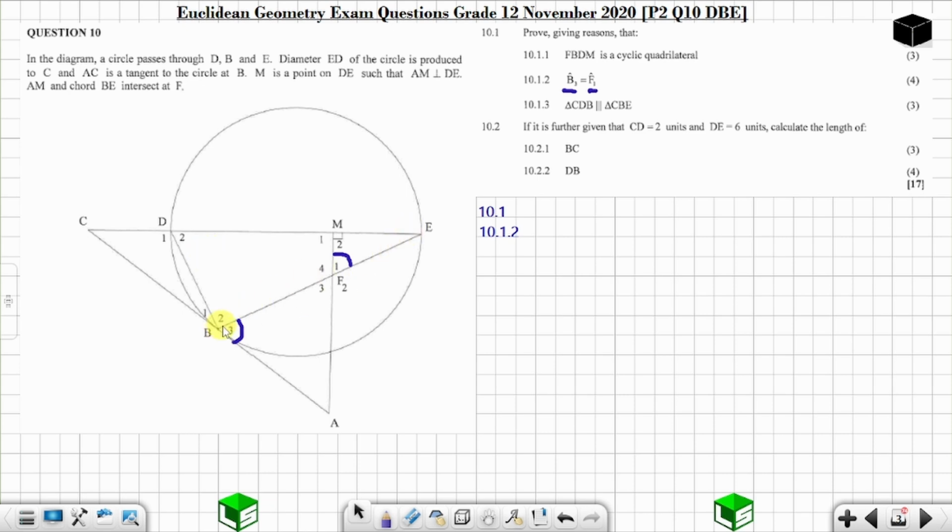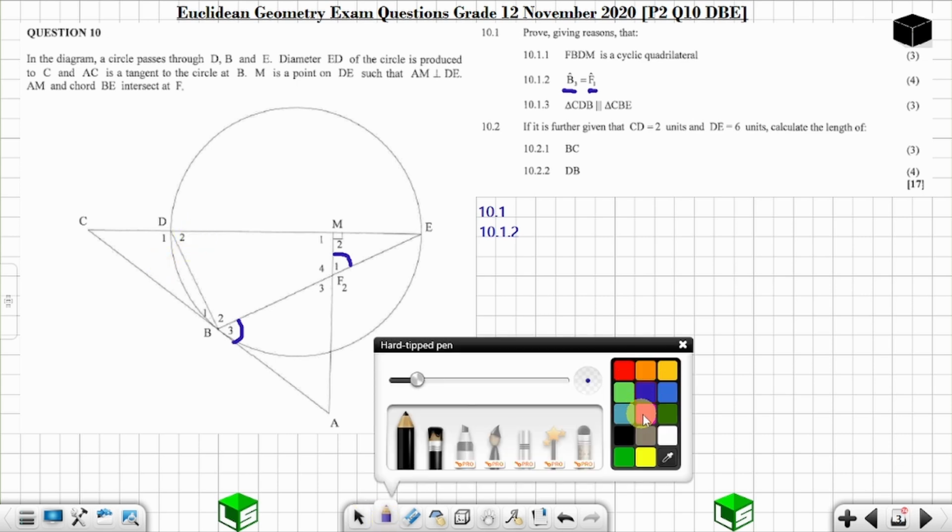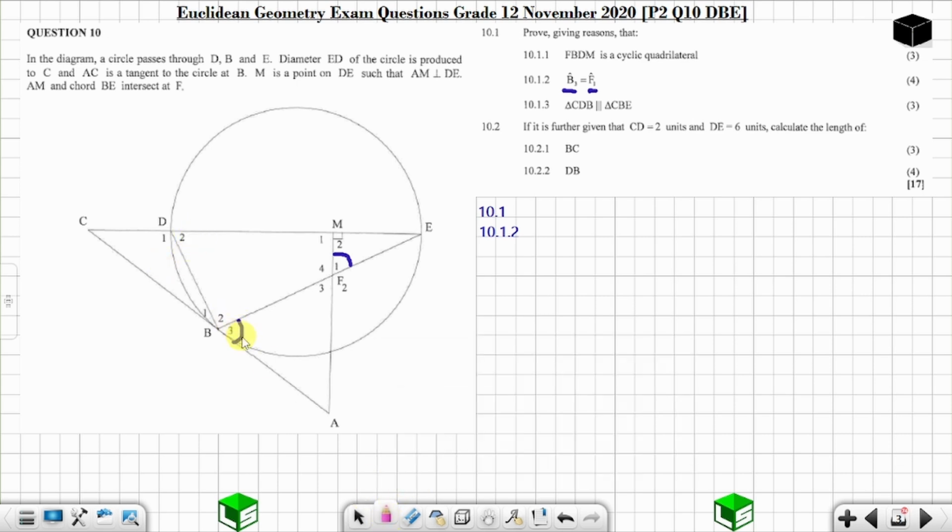From the same chord, you have angle D2 on the circumference. So this angle is equal to this angle because of the tangent chord theorem.